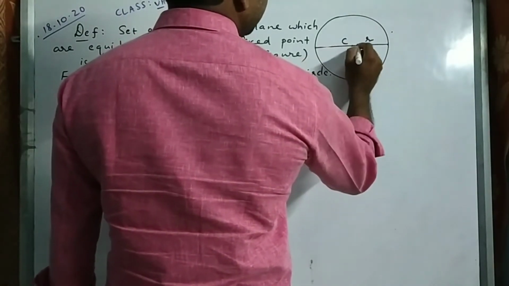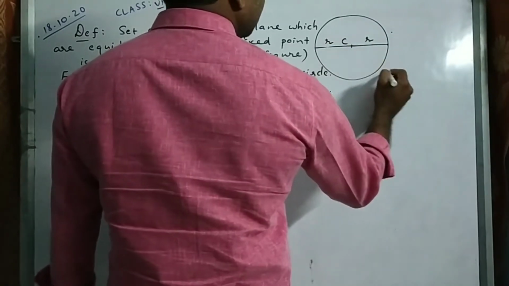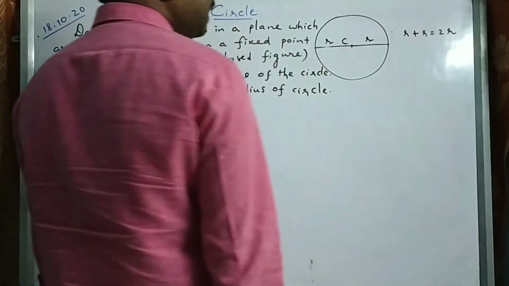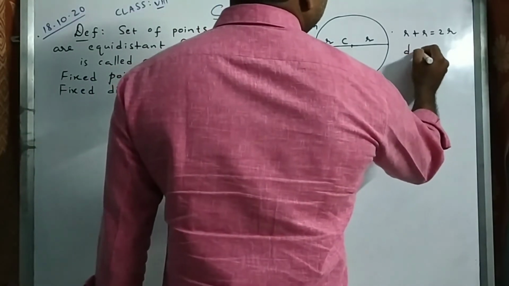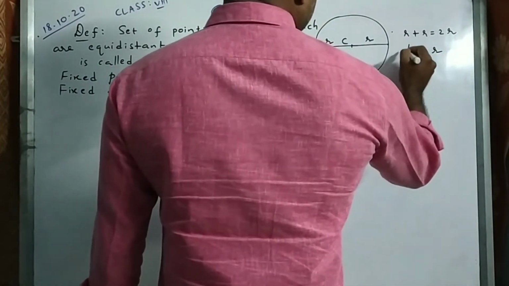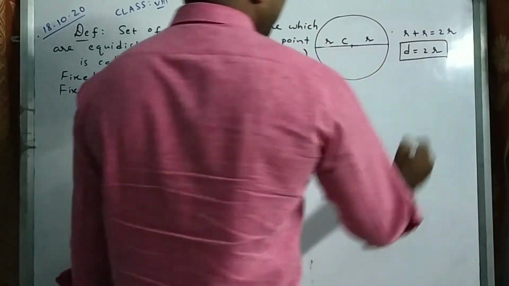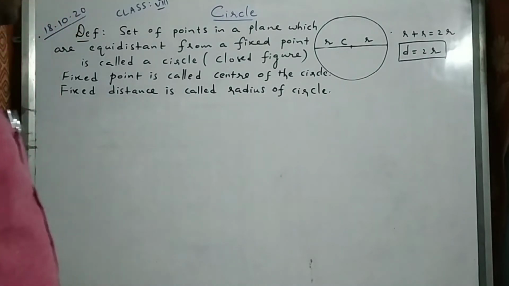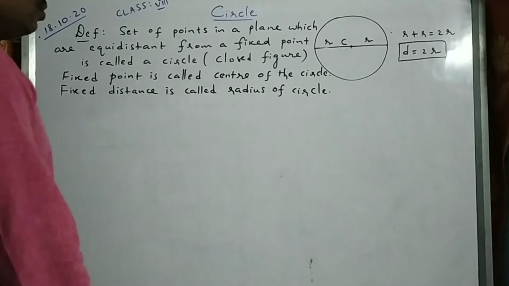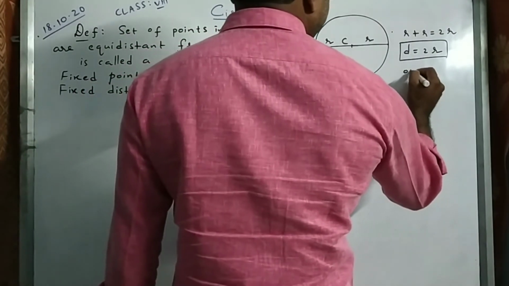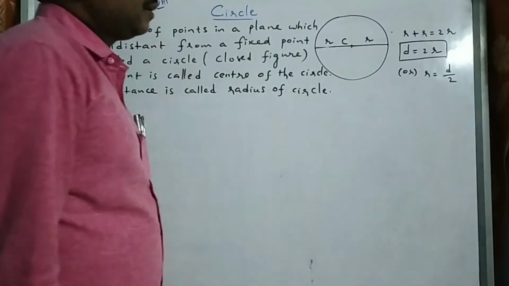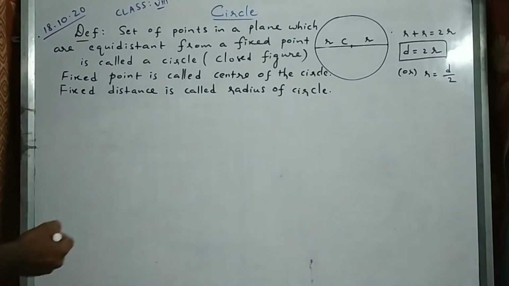If you join this also, it is radius. So radius plus radius, r plus r, is 2r. That is nothing but diameter. So diameter is 2 times radius, or we can write radius equal to half of the diameter. So you will be knowing the terms now.